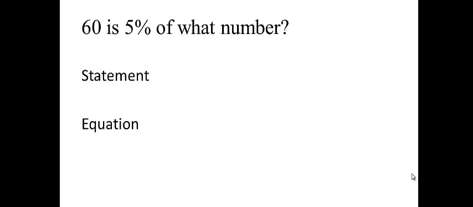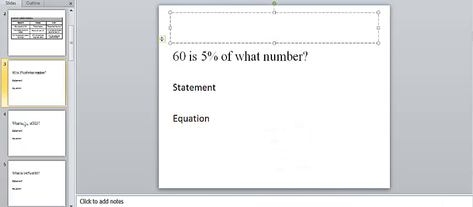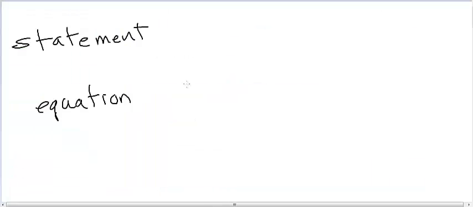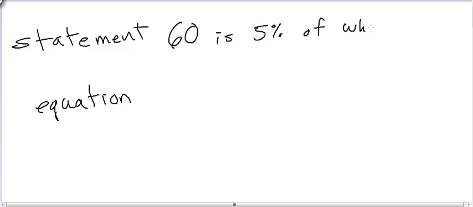So I'm going to translate it into an equation that I can then solve. So I'm going to translate 60 is 5% of what number? And I'm running out of room.